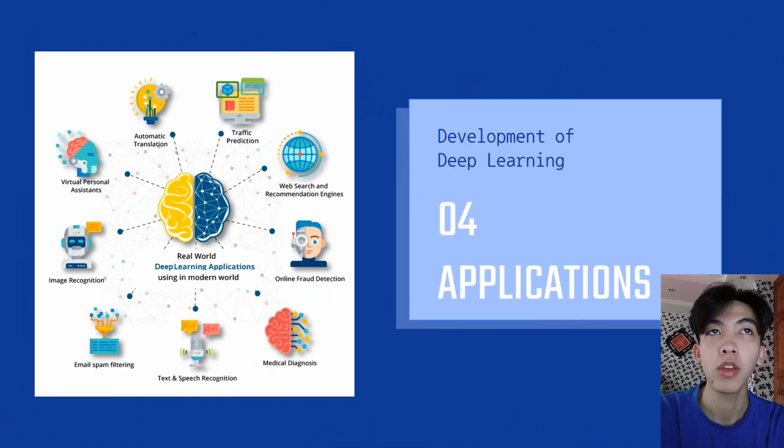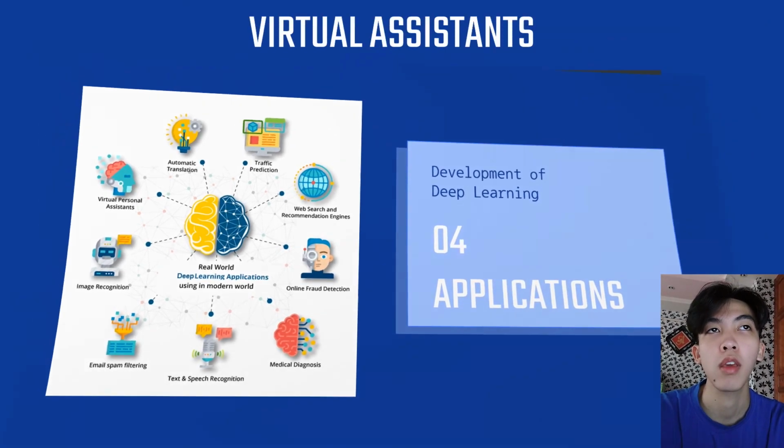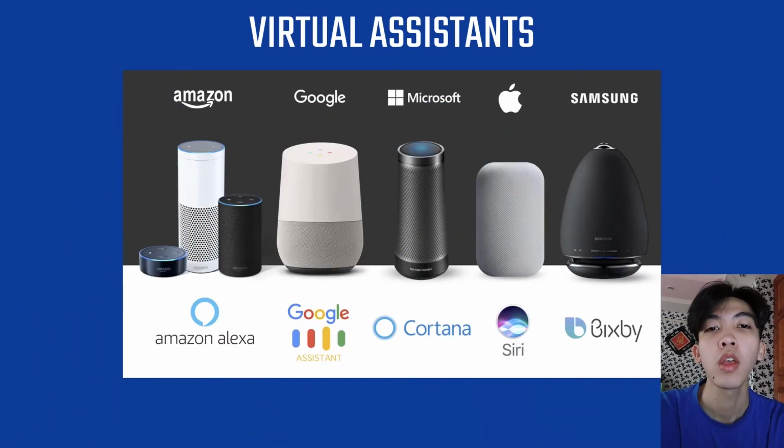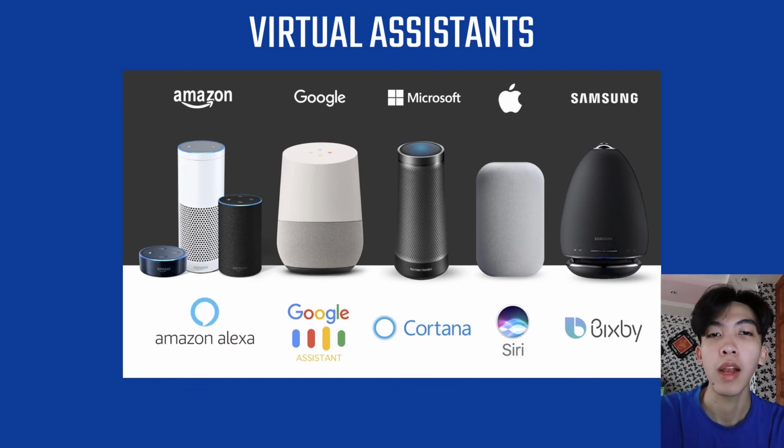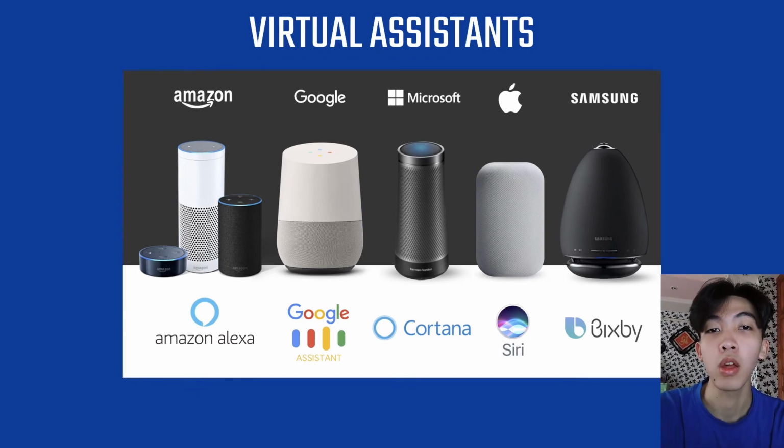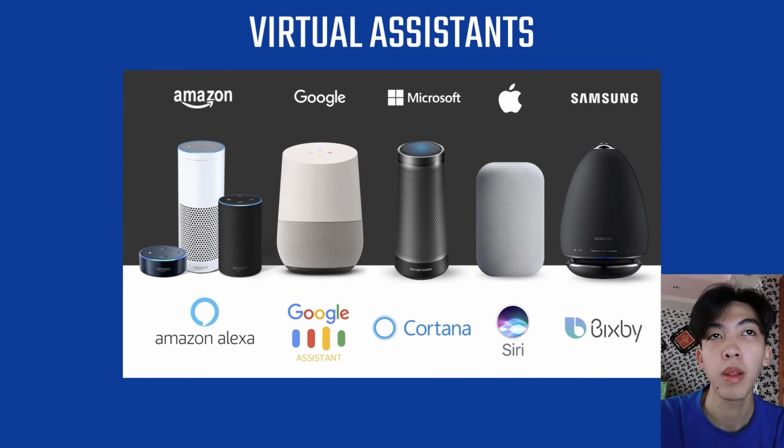Having studied the architecture, now follow me, Nhật Hoàng, and see some interesting things that deep learning can do. Siri, Google Assistant, Alexa, you are definitely familiar with these names. That's right, virtual assistants are one of dozens of applications of deep learning.